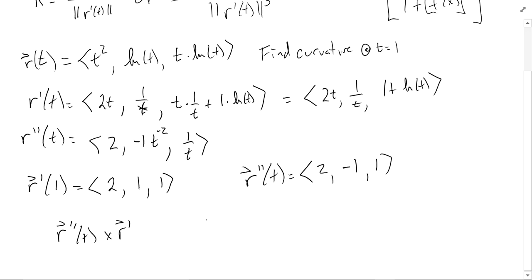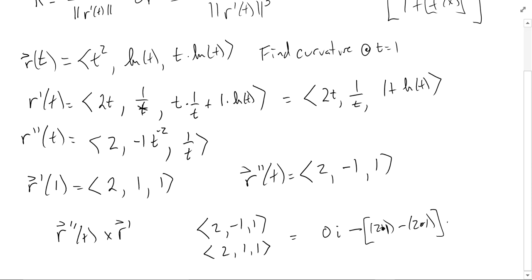So I want to do that cross product of 2, minus 1, 1 crossed with 2, 1, 1. The i component is going to be minus 1 minus 1, wait, minus 1 plus 1, so the i component is 0. Then minus the j component: 2 times 1 minus 2 times 1, and that's going to be 0 as well.